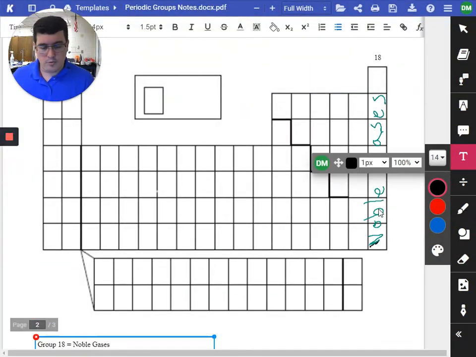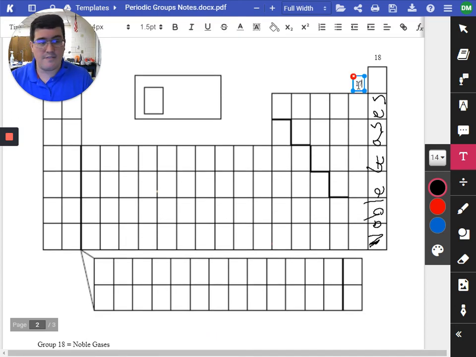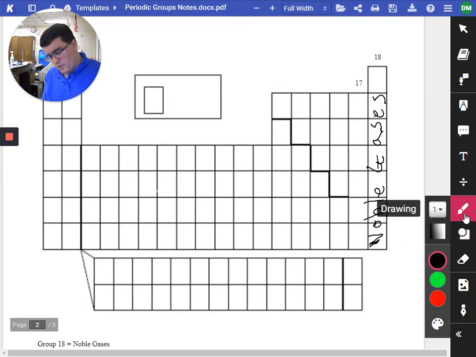The next group over is, to me, the one that makes the most sense to talk about next: group number 17. Group 17 is known as the halogens. Fun story for you here.